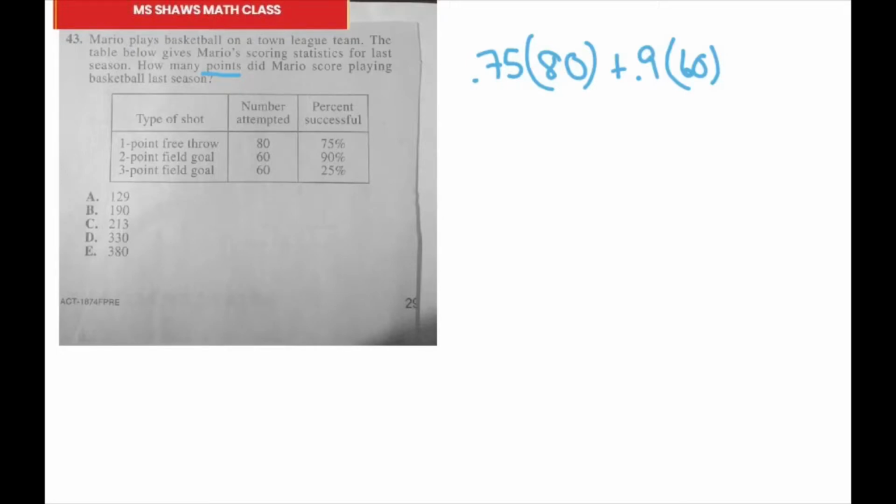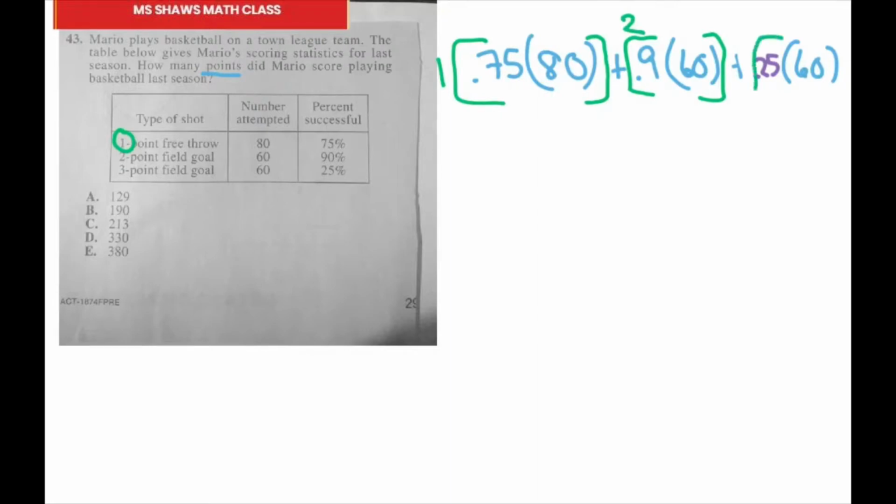And then for the 3-point field goals, he attempted 60 again and got 25% of that, so this is 0.25. Now, this first one is just times 1, because that's 1 point. This one is going to be times 2. And this one is times 3.